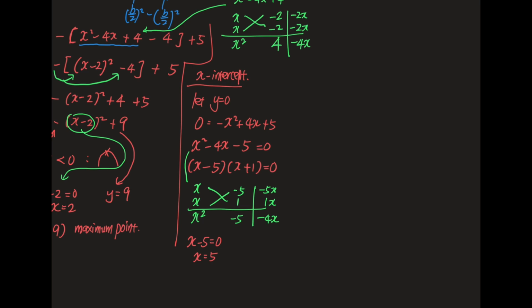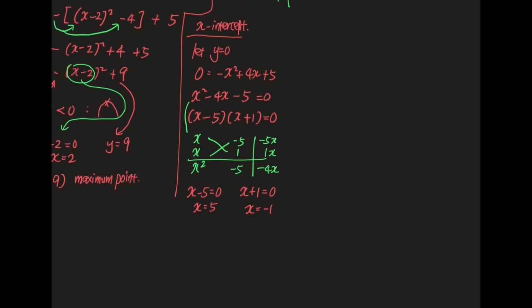Then we write it down. We let the first bracket equal to 0, then we get x equal to 5. We take the second bracket equal to 0, we get x equal to minus 1. So these two are the x-intercepts.